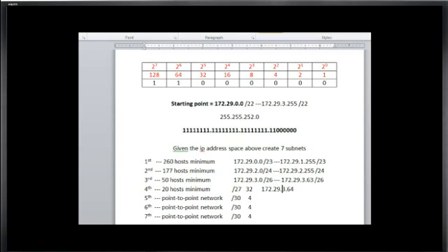Now our fourth subnet, we've already said we need 20 hosts minimum, but a /27, right? A /27, which looks like this in the 4th octet right here, has a magic number of 32, giving us 32 hosts, and the networks go up by 32. So it'll be a /27.